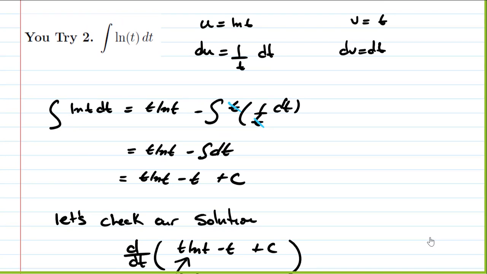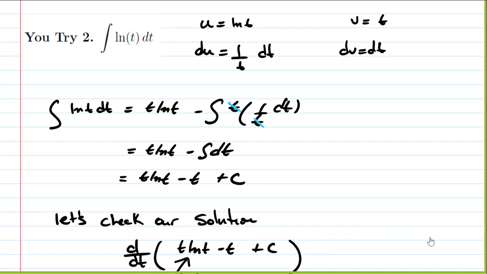So remember, the fundamental theorem of calculus part 1 tells us that integrals and derivatives are inverses of each other. So if we integrate something, the indefinite integral is the antiderivative, just another way of saying it. So if we take its derivative, we should get back what we started with every single time.